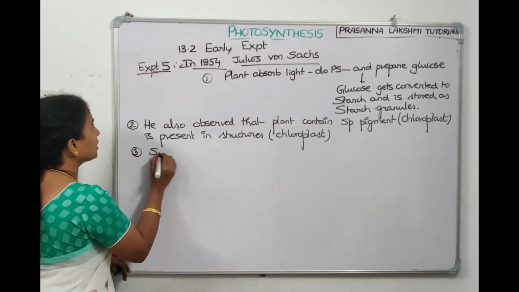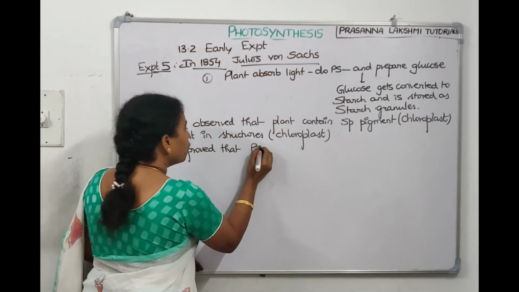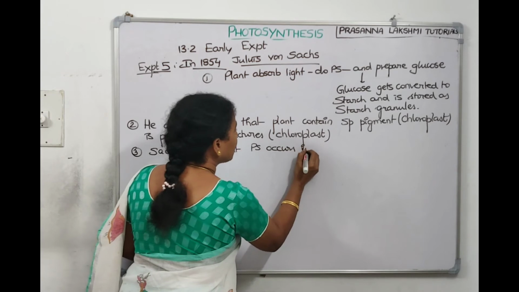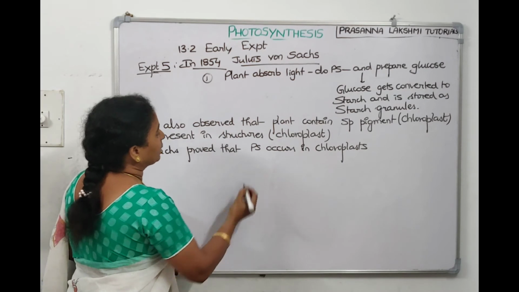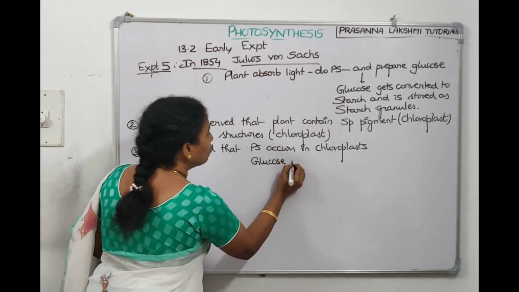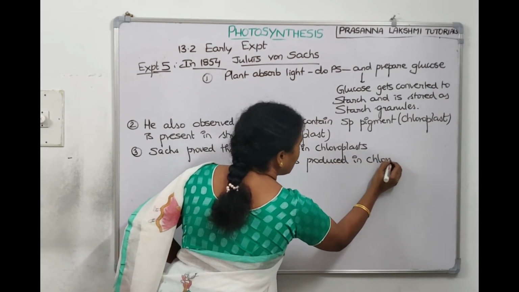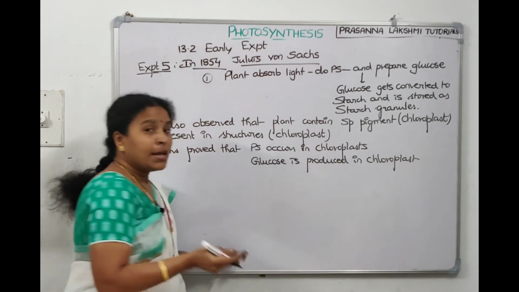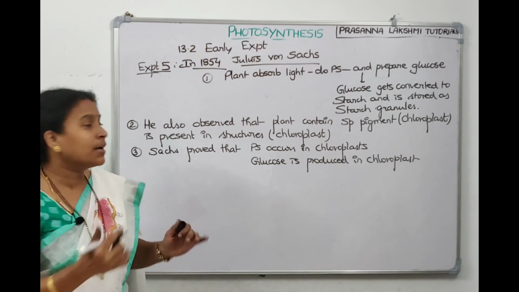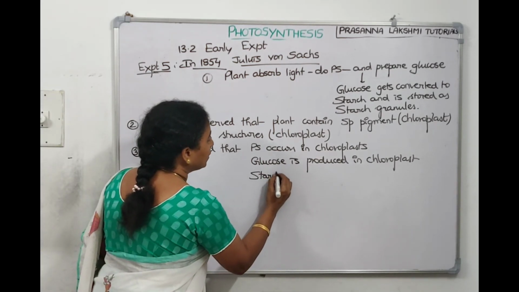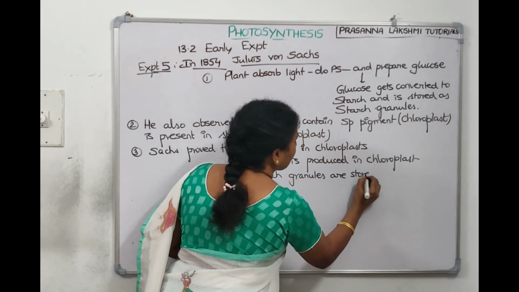The third point is Sachs proved that photosynthesis occurs in chloroplast. He told that glucose is produced in chloroplast. He also told that glucose gets converted to starch and starch granules are stored in chloroplast.